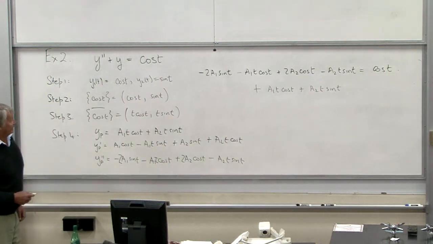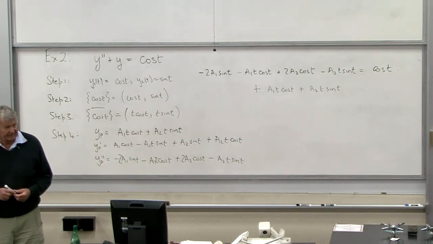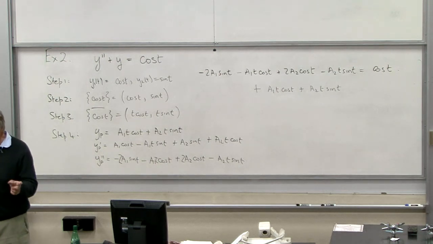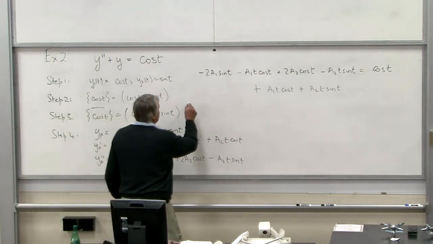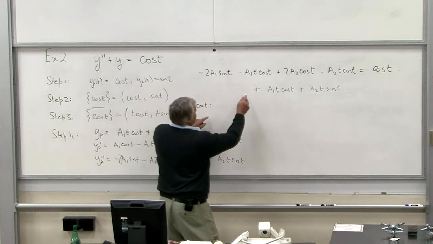Now we have four possible functions which are linearly independent. We have t cos t, t sine t, cos t, and sine t. So we have to match them all. So the t cos t, what do I get?